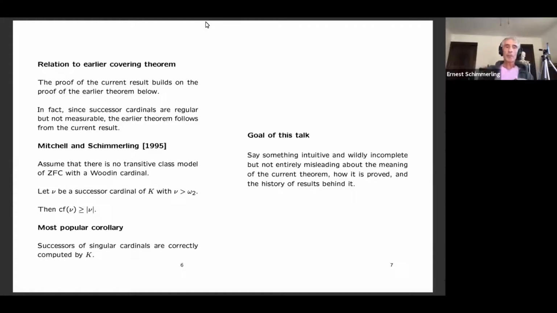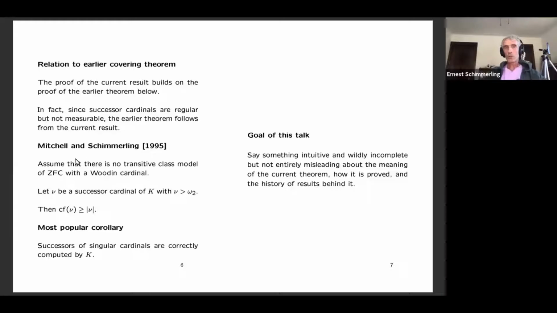Okay, so the immediate precursor to the theorem that I just stated is this one, I'm giving the publication date, 1995 result with me and Bill Mitchell. The theorem that I already stated implies this theorem, but this theorem is used in the proof, and also the methods are used in the proof. So this new theorem is really just a direct extension of the previous theorem.